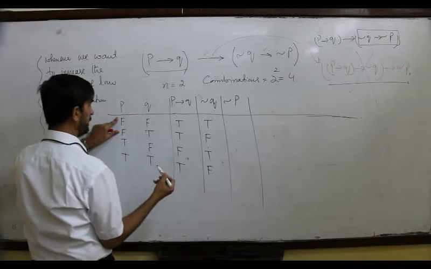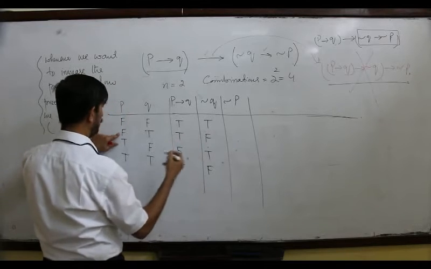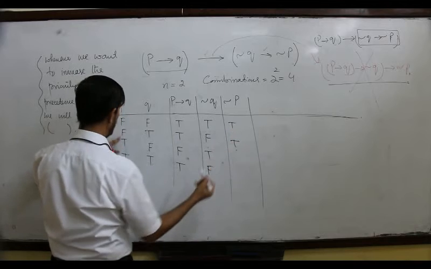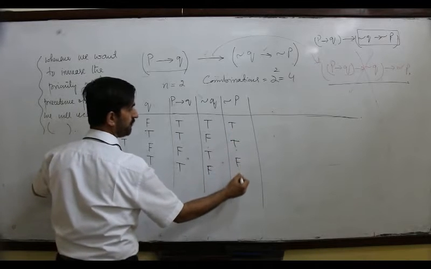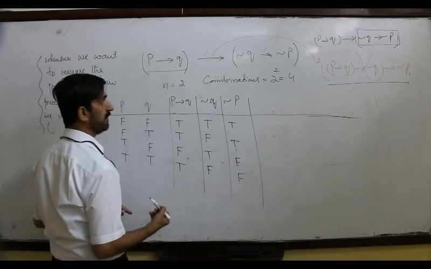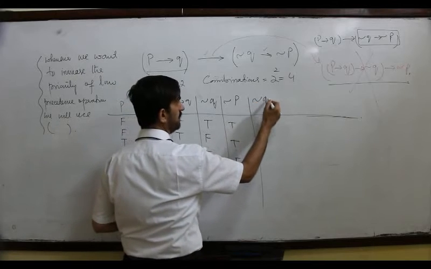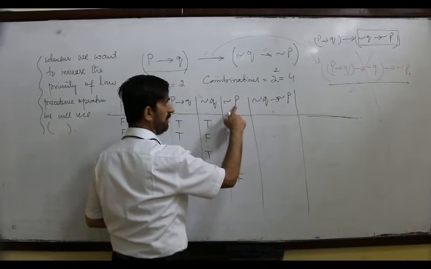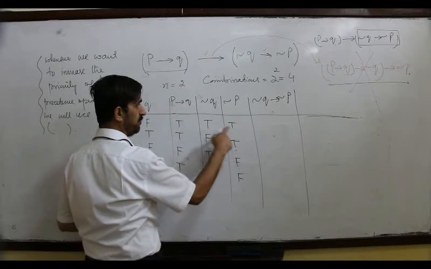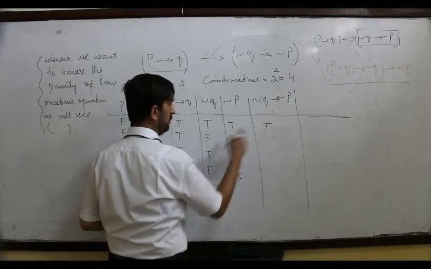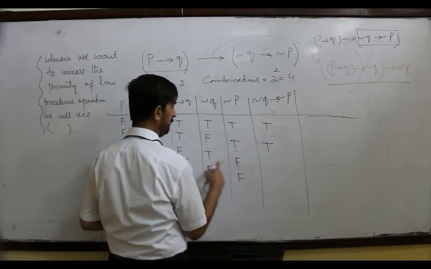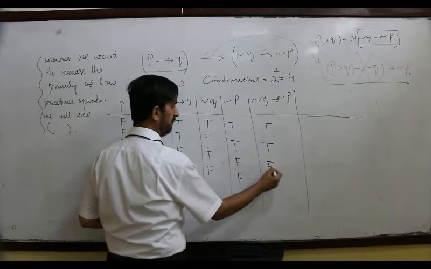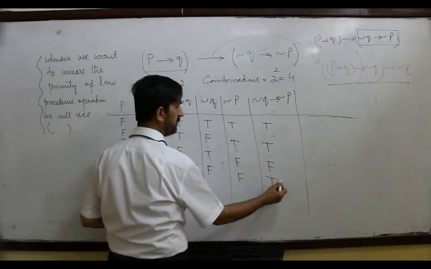Similarly, in case of not P, the negation of false will be true and the negation of true will be false. Now we will take the implication of not Q over not P. True implies true, true; false implies true, true; true implies false, false; false implies false, true.